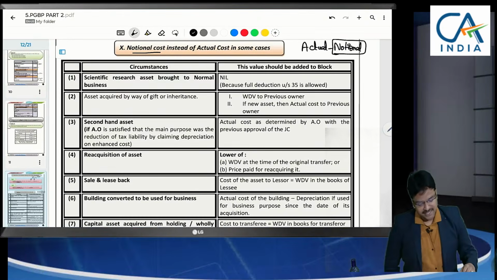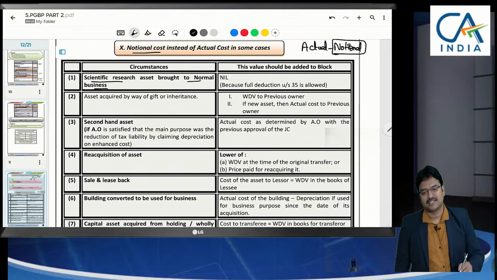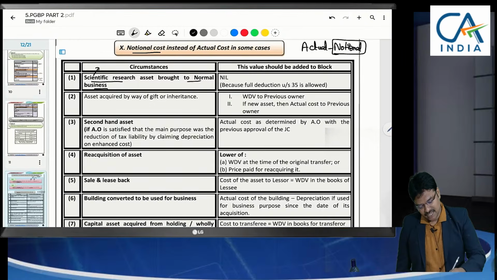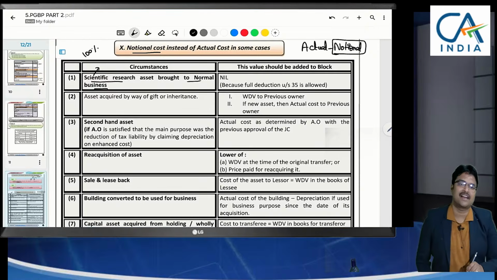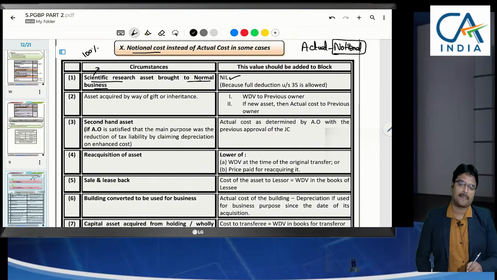So, what are those cases? Let us see. When a scientific research asset is brought to normal business. In case of scientific research, in further sections we will learn we can claim 100% deduction. Whenever you are claiming 100% deduction, and you bring it into normal business, its value is 0.